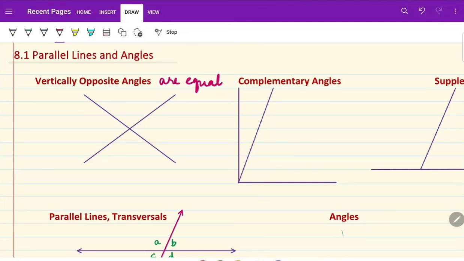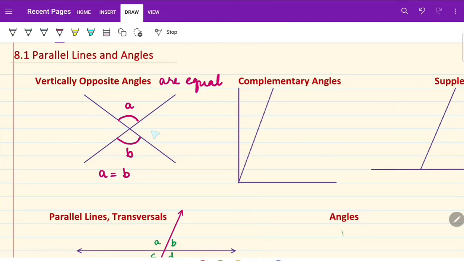All right. So let's take an angle here in this figure, and I'll name that A. The angle directly opposite to it is this angle on the other side, which is B. And by the theorem, these two angles will always be equal to each other.